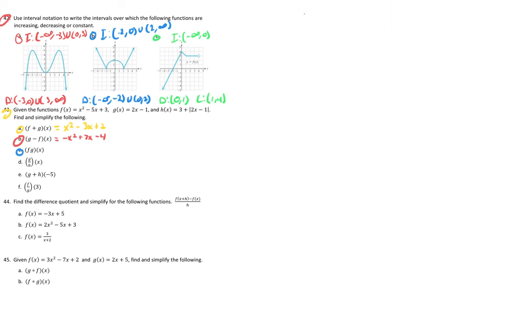Part C, f times g of x. So this will equal x squared minus 5x plus 3 times our g of x. So you need to remember to distribute to each one.